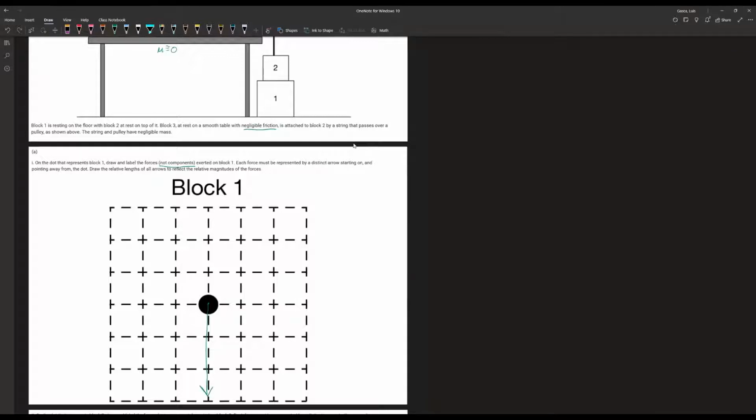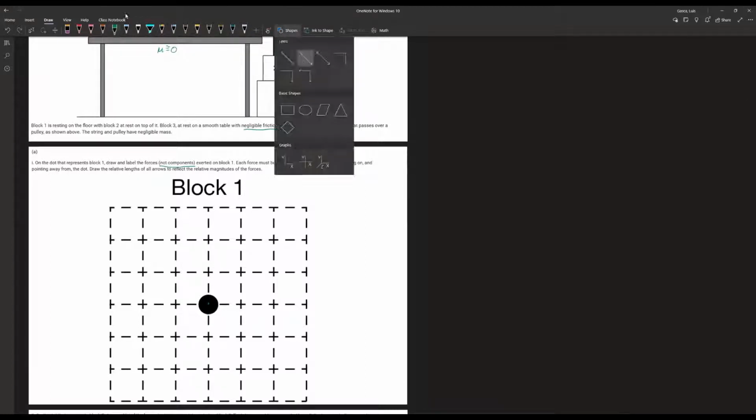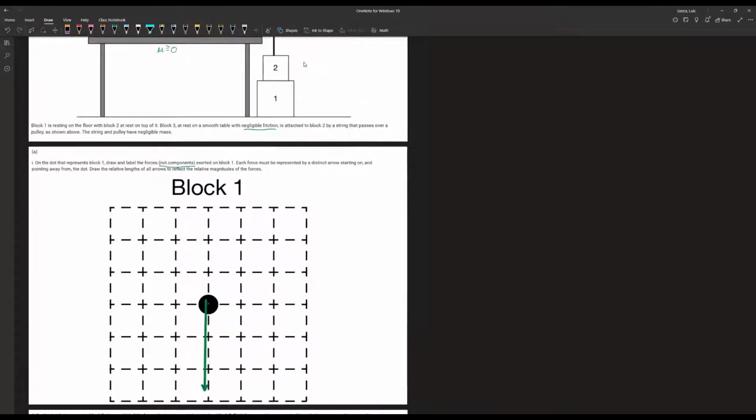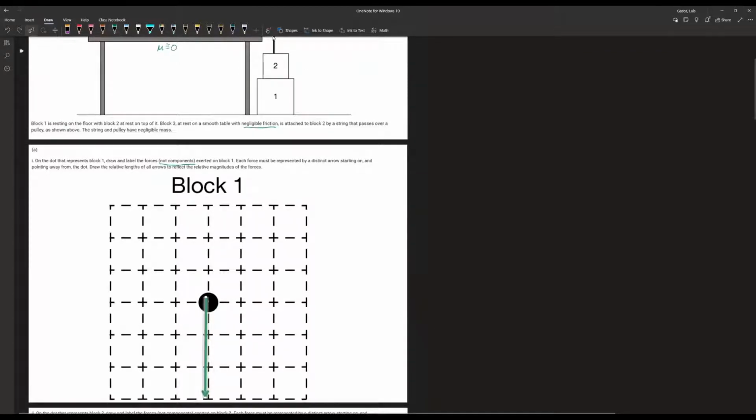So we have the force due to gravity. And I may actually make this a little thicker just in case it's a little easier to see. Okay. We do have the technology to make a straight line. Usually I feel like I fumble with this more often than not. For instance, here, this line doesn't really start from the origin, but we can fix that.